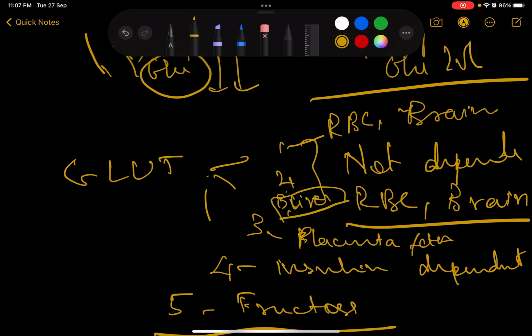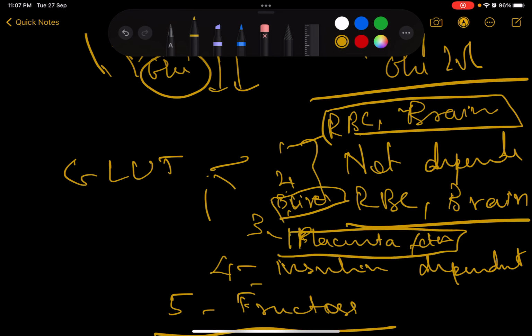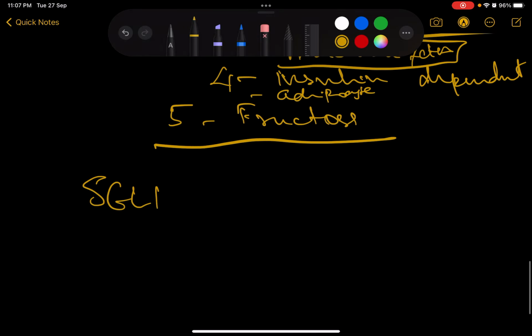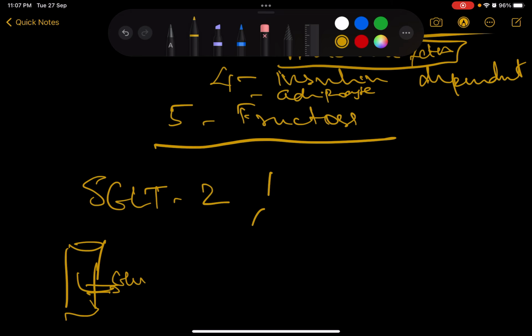So I know it's a little shabby, but this is it. 4 is obviously on the adipocytes, even a certain amount of muscles, striated muscles. And then we have SGLT 2 and 1. So SGLTs are the ones that increase glucose absorption from the intestine. So SGLT 1 and 2. All right.